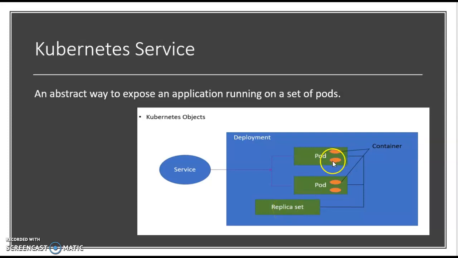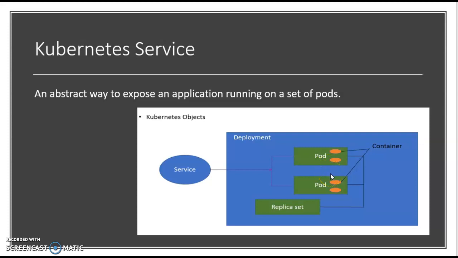Now, every pod has its unique IP address. So, if we delete one pod, replica set will create another pod with another IP address. So in short, the number of pods will always change and the IP address will always keep on changing.